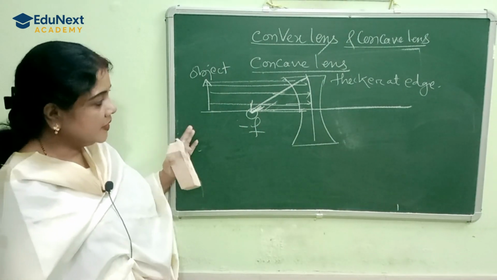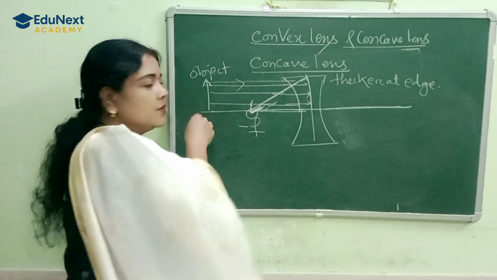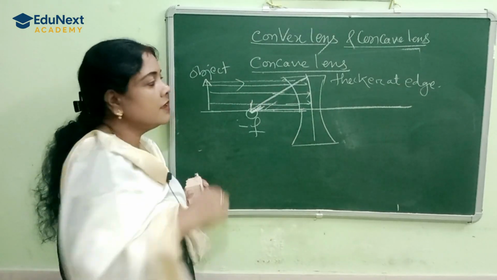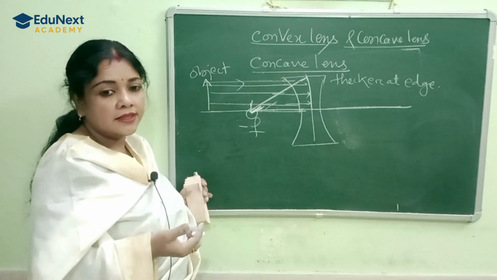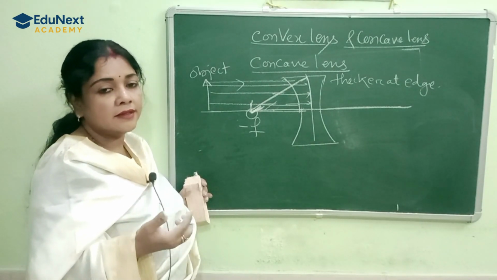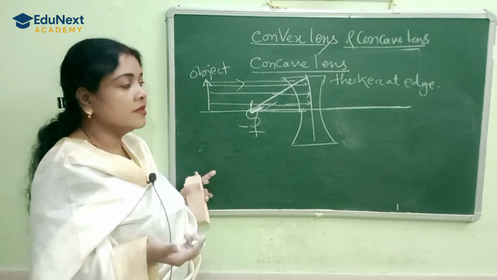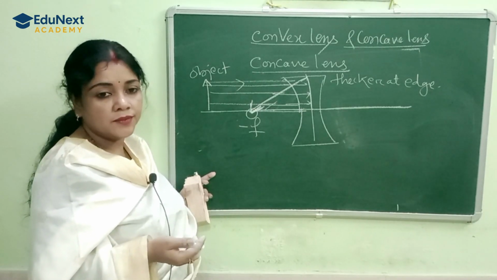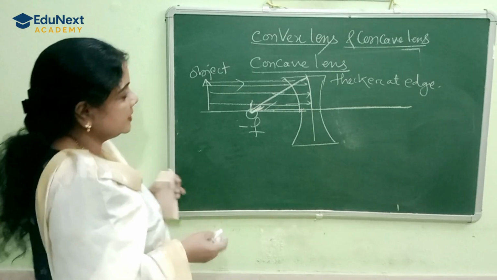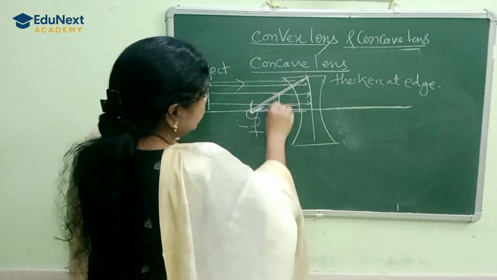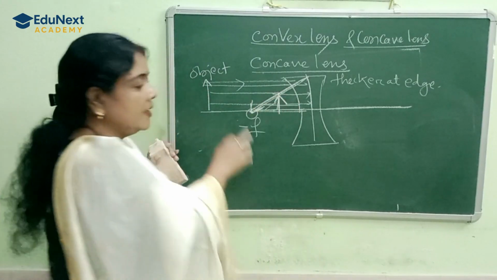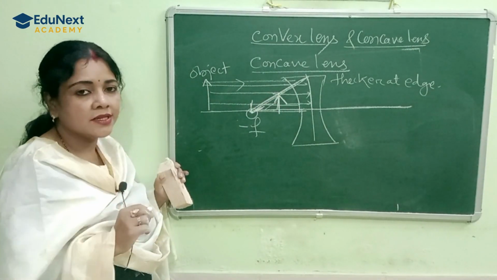Now in this case, if the light is going from the object and falling on the concave lens, then what will be the image of the object? The image of the object will be erect but diminished.